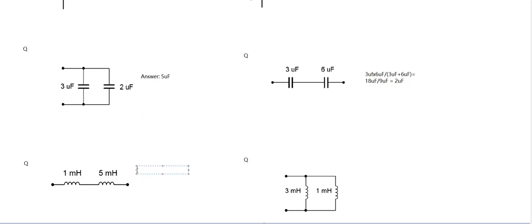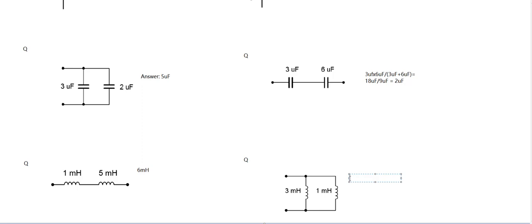So here we have two inductors in series with one another. So 1 microhenry plus 5 microhenry is 6 microhenry. And again, similar to a resistor, on the bottom right, you have 3 microhenries in parallel with 1 microhenry.